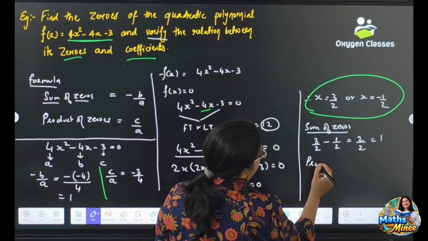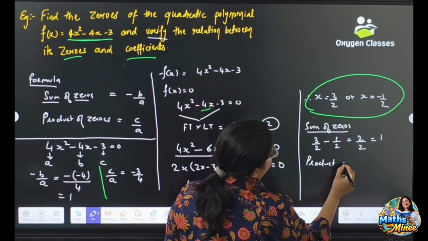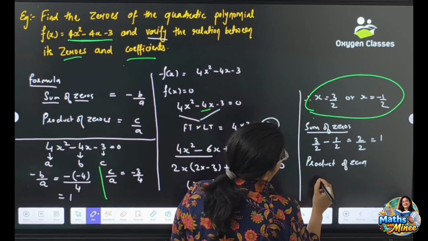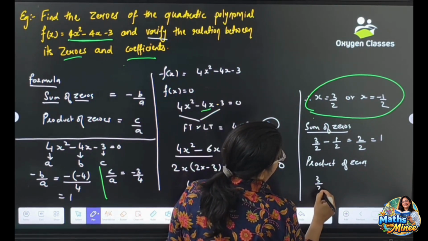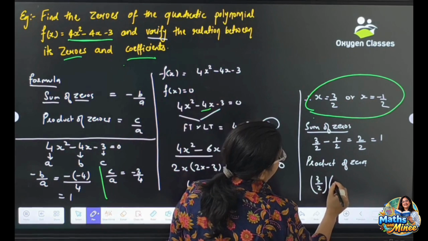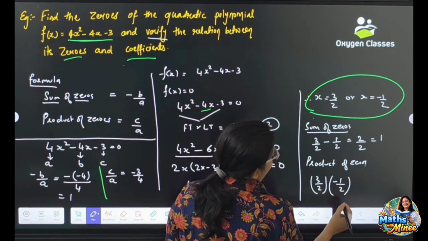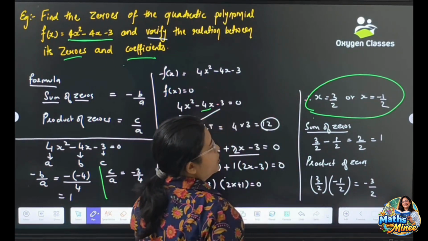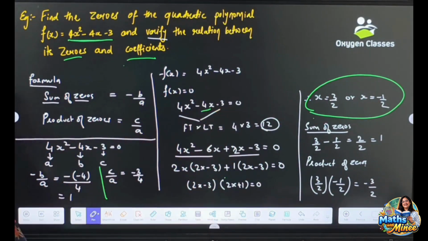Similarly, the product of zeros: 3/2 multiplied by -1/2, which is equal to -3/4.